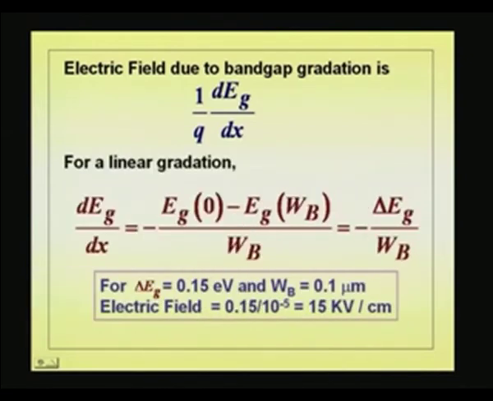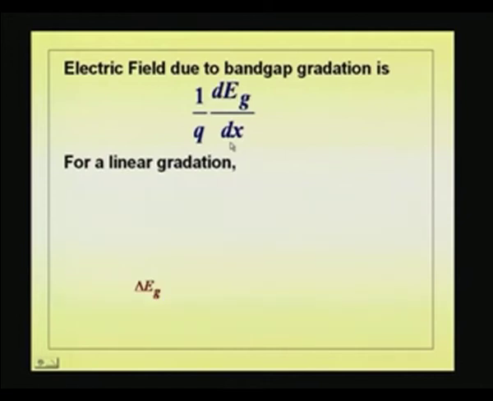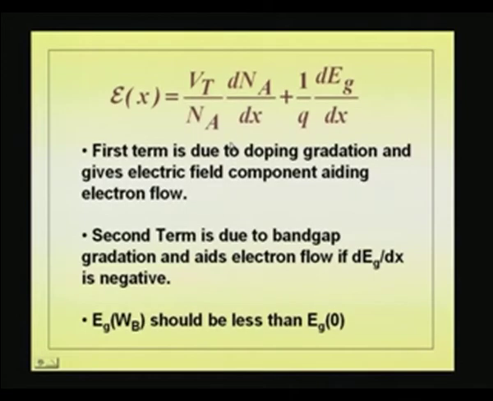Now, let us get an idea of what sort of fields are there in the transistor. This is 1 by q dEg by dx, that is the second term. We are seeing what is the magnitude of this field due to the band gap narrowing, band gap gradation.